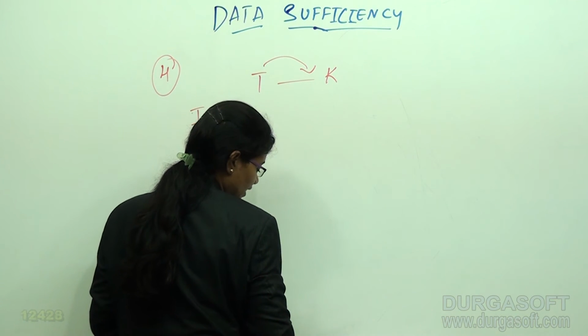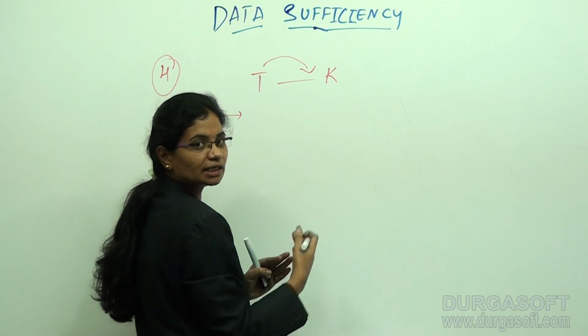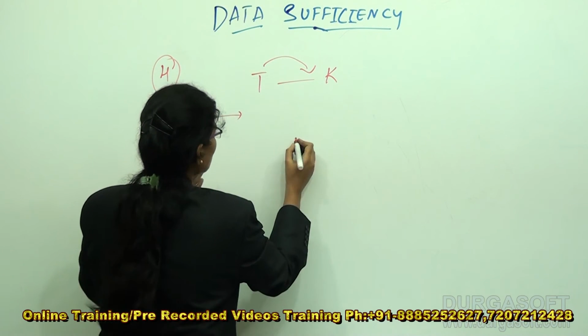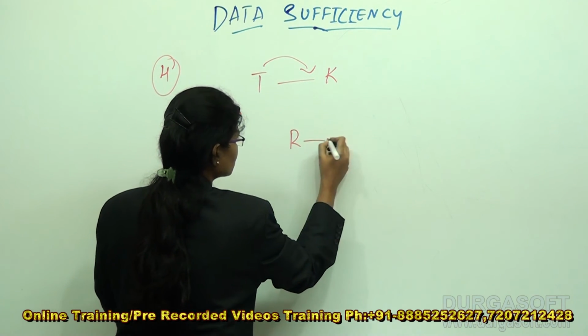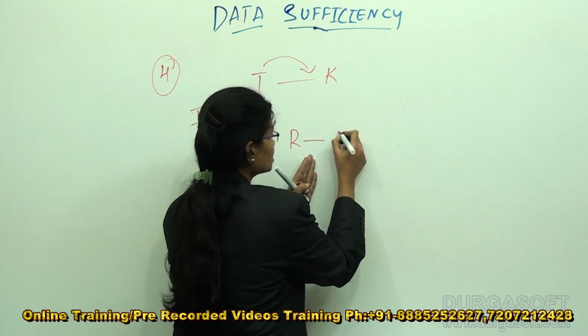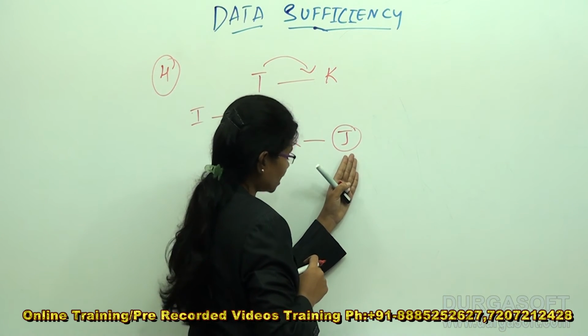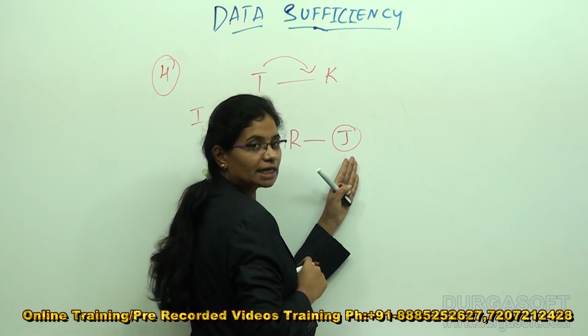Statement 1 is given as R's sister. I am not writing the statement, I am just directly solving the equation. R's sister is J, right? R's sister J has married T's brother.